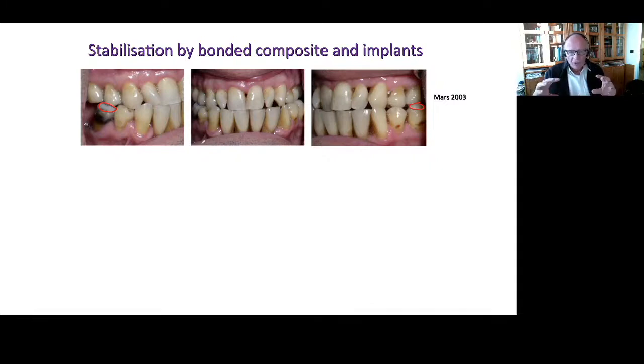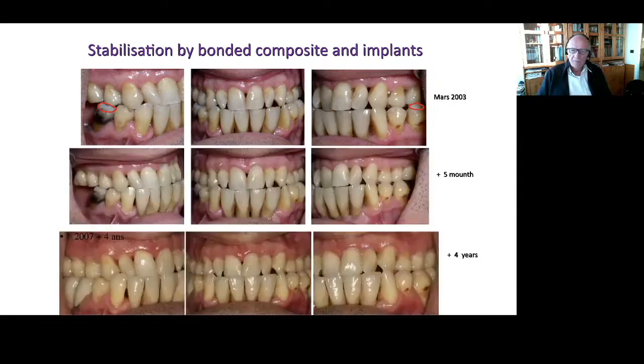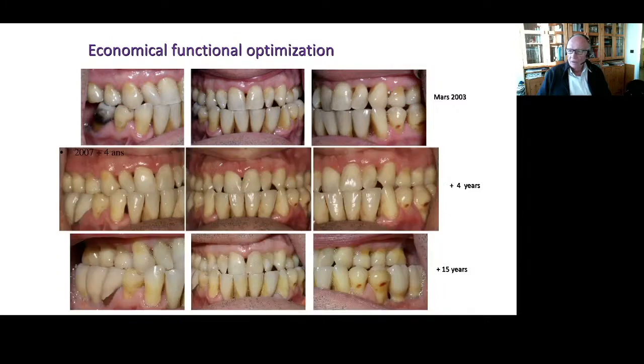If we are not really confident with this type of treatment, you can make an occlusal analysis, make a simulation on the articulator of the occlusal adjustment, and after do it in the mouth. And we have a stable situation. 4 years, 15 years.